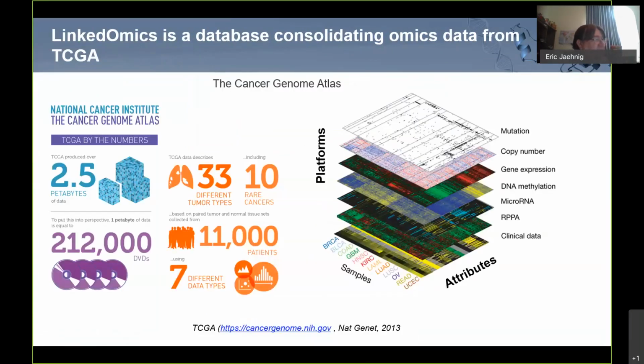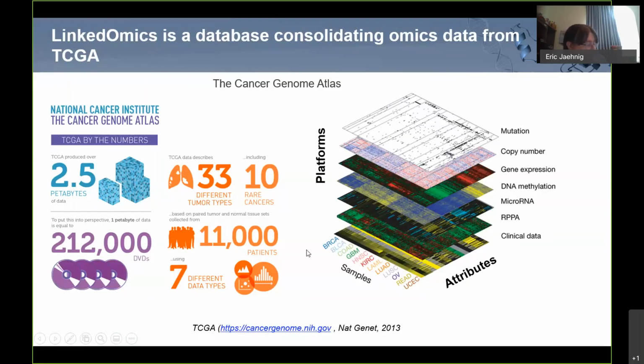The Cancer Genome Atlas, or TCGA, was a multi-institutional effort spearheaded by the NIH between 2006 and 2017 to generate a large collection of multi-omics data from clinical cancer cohorts.